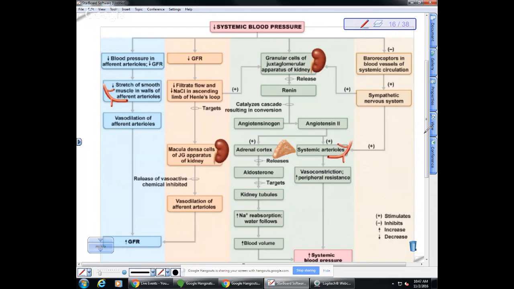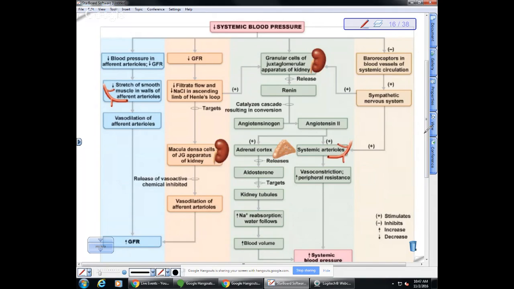In the top one, if there's too little blood pressure, there's going to be less stretch in the smooth muscle walls, so the walls are going to dilate, and that's going to increase your GFR. If you look at the macula densa, if the filtrate flow decreases and there's lower salt concentration, they will cause vasodilation, and that will increase GFR. So it works in the opposite direction too.